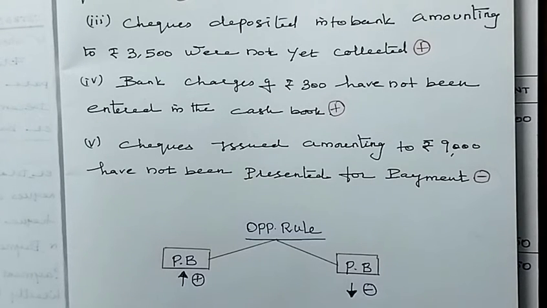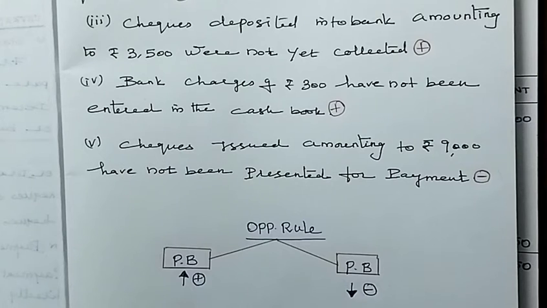What we have to do now? Everything is to be opposite. Whatever is to be added in the passbook, the opposite rule is it is to be subtracted, and whatever is to be subtracted or decreased in the passbook, it is to be added.